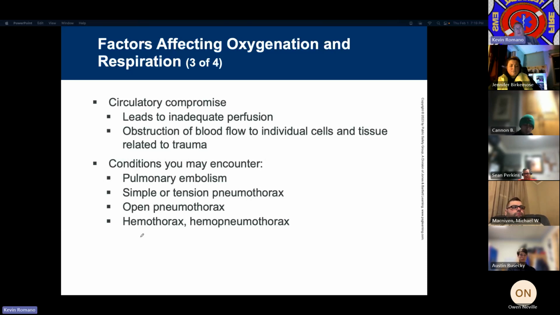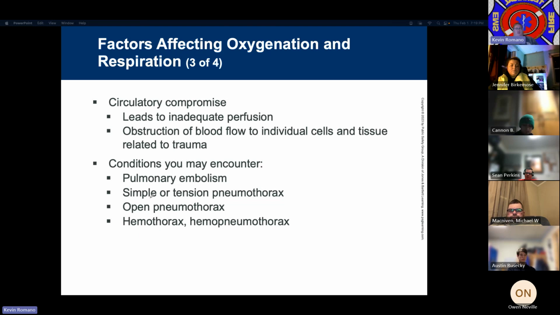Right? The heart has to be able to pump in order to perfuse the body. And if there's something blocking it, like a pericarditis, remember Beck's triad, right? Or pericardial tamponade, like Beck's triad, or pericarditis and inflammation of the pericardium. All right, that's where we're going to have these problems.